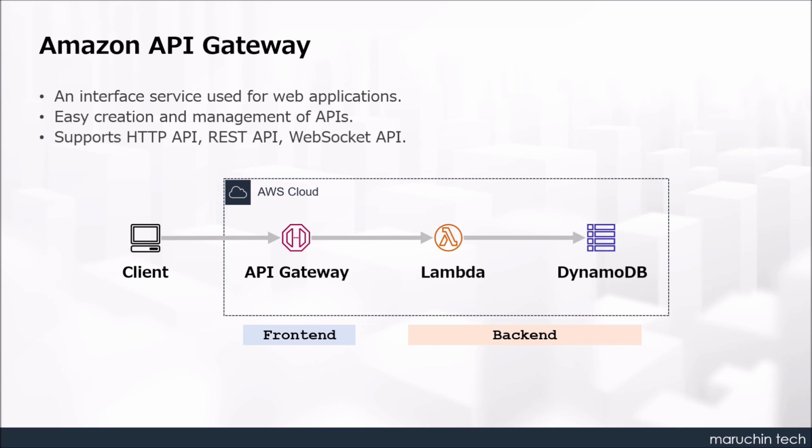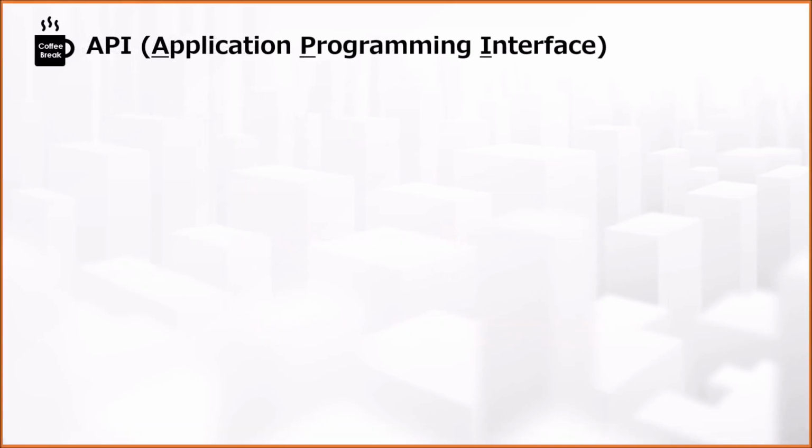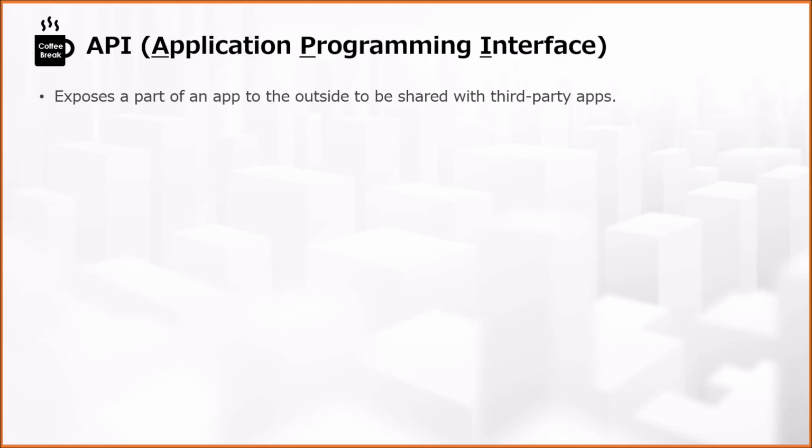As a serverless service, it primarily integrates with Lambda to forward requests sent to the API Gateway to resources within AWS. Let me introduce the definition of an API. API, Application Programming Interface, refers to a mechanism that exposes a part of an application to the outside, allowing it to be shared with third-party applications.